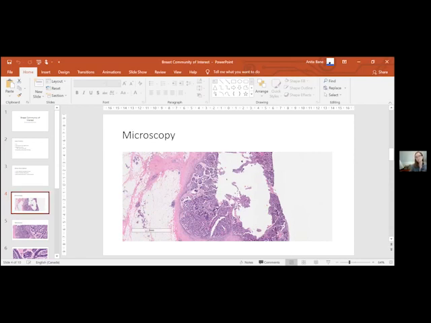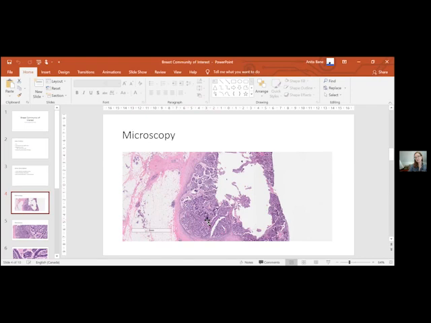Apologies again for the artifact in the center, but I think this view does illustrate a couple of things. One is we have this solitary lesion, which appears to have this fibrous capsule, for want of a better term, that separates it from the surrounding breast parenchyma, which looks unremarkable.